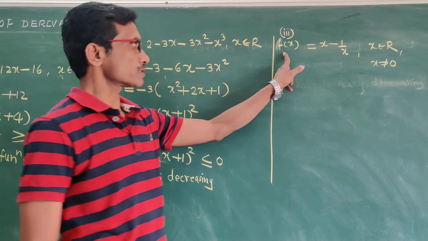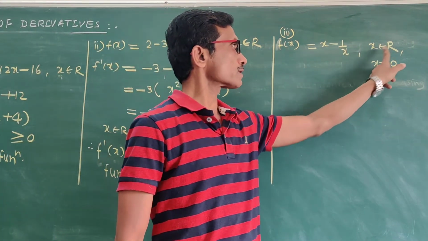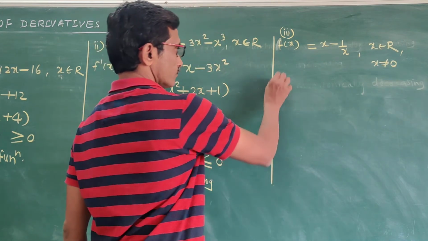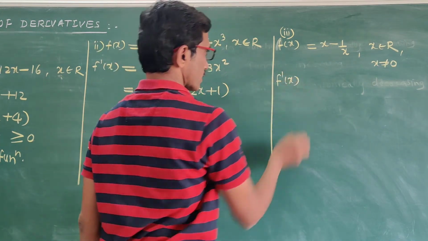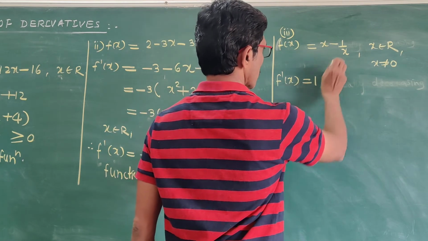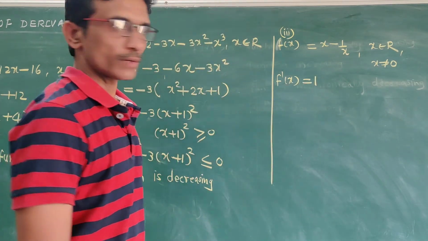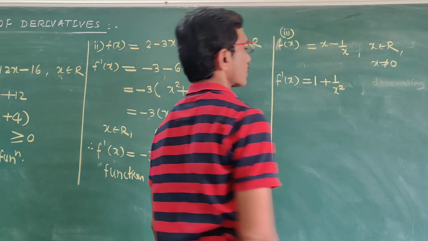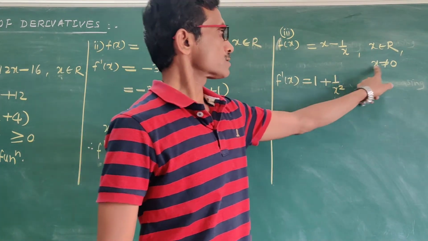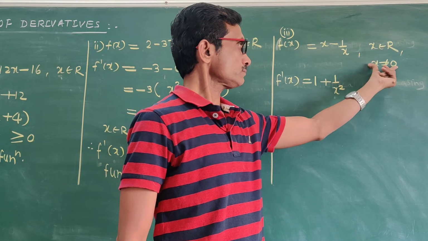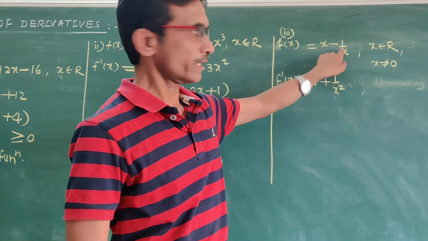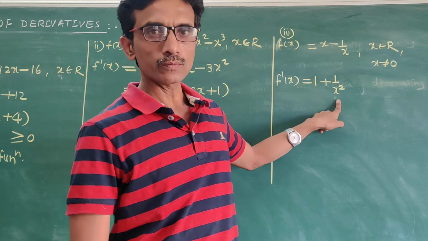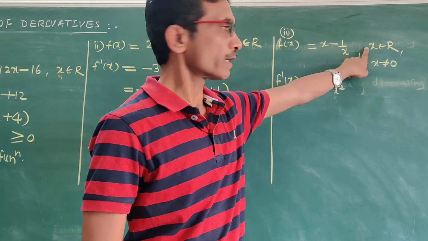Third question: f(x) = x − 1/x, where x belongs to R but x is not equal to 0. We find the first derivative f'(x), which is 1 minus the derivative of 1/x. The derivative of 1/x is −1/x², and this minus becomes plus 1/x². So for x not equal to 0, the function is defined, and 1/x² is positive for any real number x.